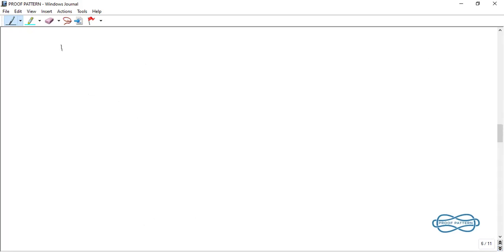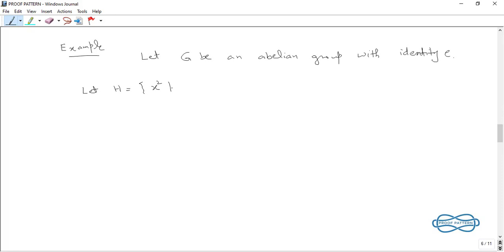Here we have another example. Let G be an abelian group with identity E, and let H be a subset of G that consists of squares of all elements.